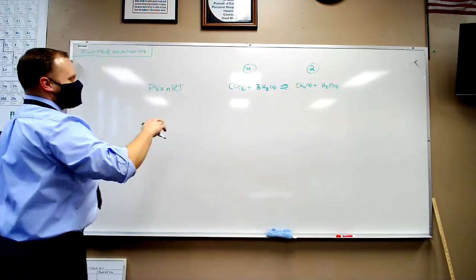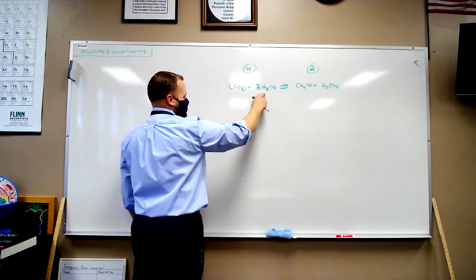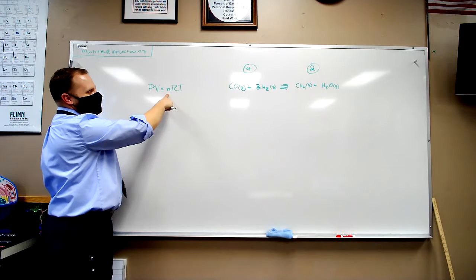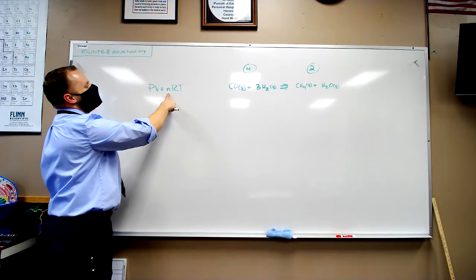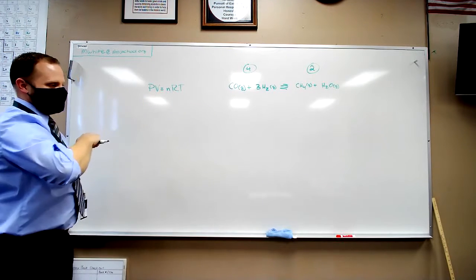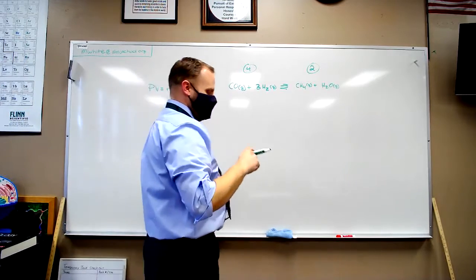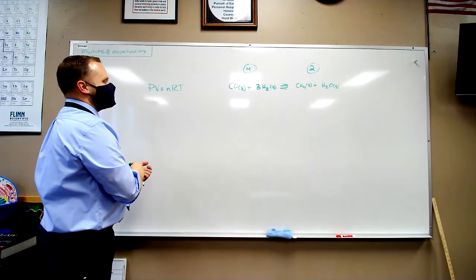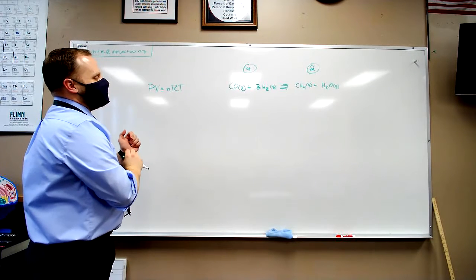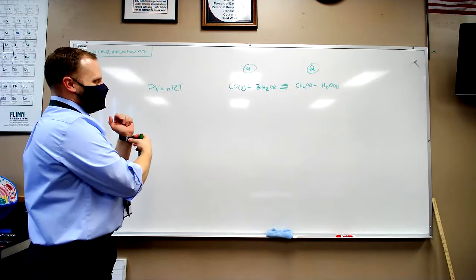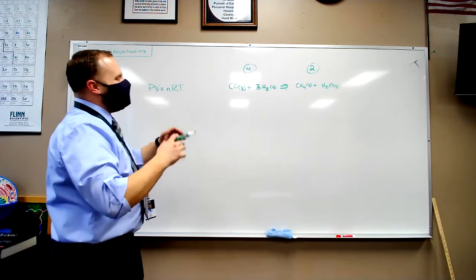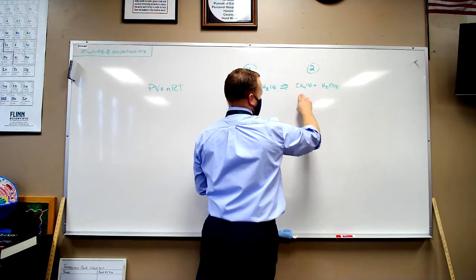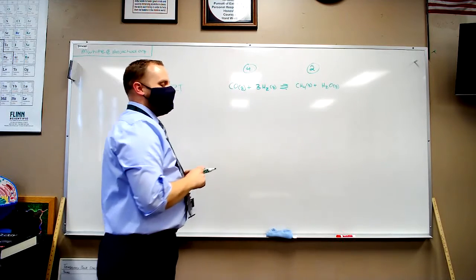Because if we use up these to create this, the total number of moles that we have is going to go down, which will relieve the pressure. Because if you have fewer moles, you have lower pressure. So in this case, if we were to increase the pressure, we would get more of our methane and water vapor.